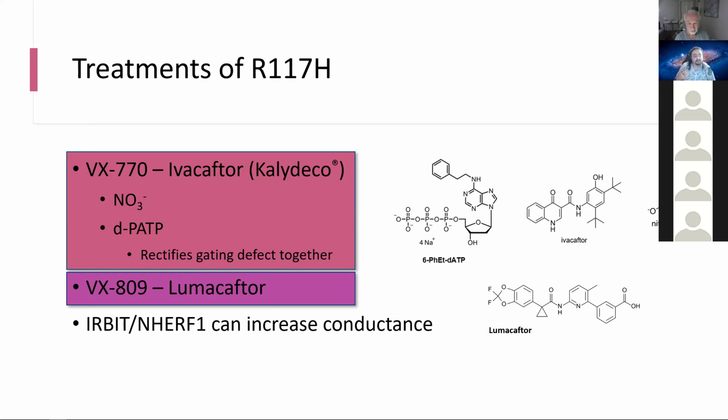And then NHERF1 is sodium hydrogen exchange regulatory factor 1, which is a type of scaffolding protein. IRBIT decreases the mean close time, and NHERF1 drives dimerization, which increases the open probability. So it does something similar to ivacaftor, where it's closed less often, and when it's open, it's open for longer.